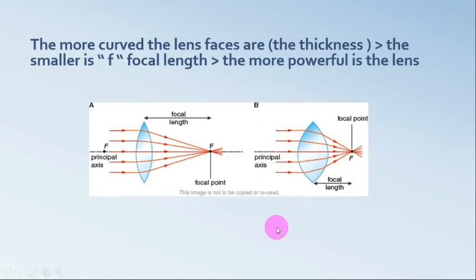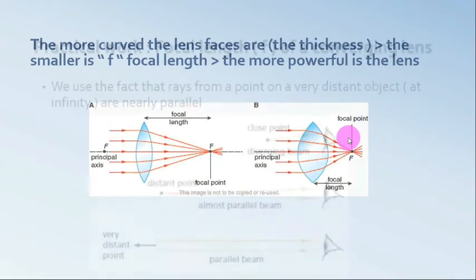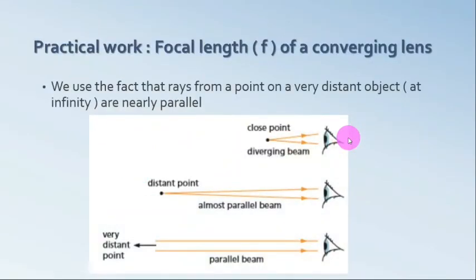For a lens, if I wanted it to give me a better image or to be more powerful, I have to use what? A thick lens. Okay, so shorter focal length and what also? It gives me a more powerful or better image. Good? I hope that everything is fine till now.